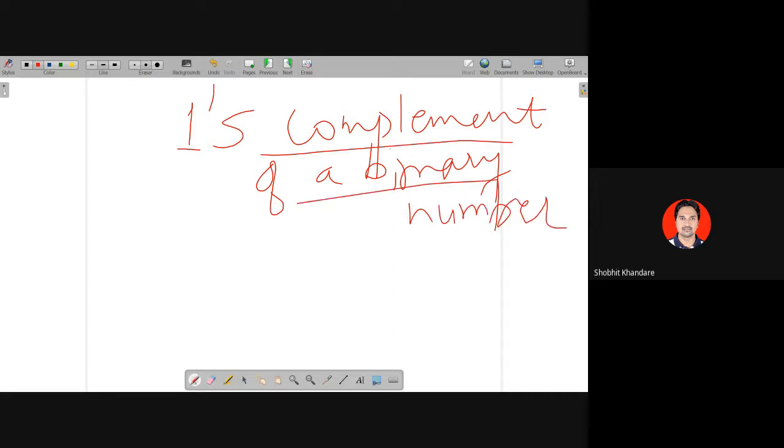One's complement of a binary number. Okay. Everyone is there with me now? We are going to understand what is one's complement of a binary number.